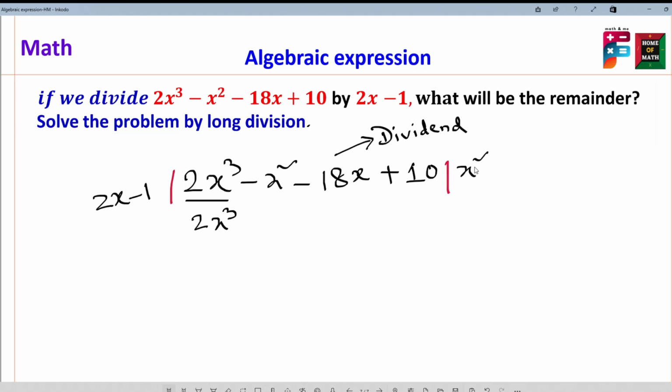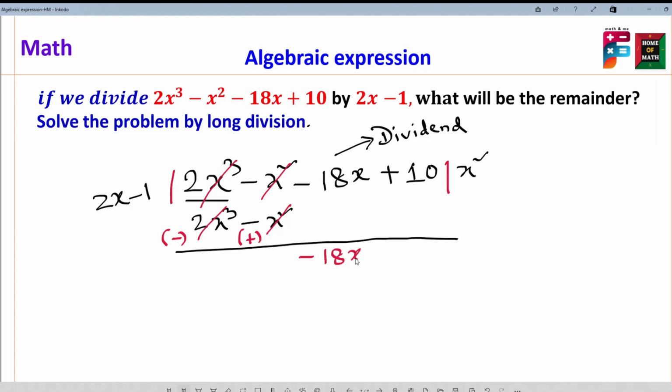And now look, x² times −1 means −x². So as per rule, we subtract: here is minus and this one is plus, so this one and this one cancel out. So the remainder is −18x + 10.